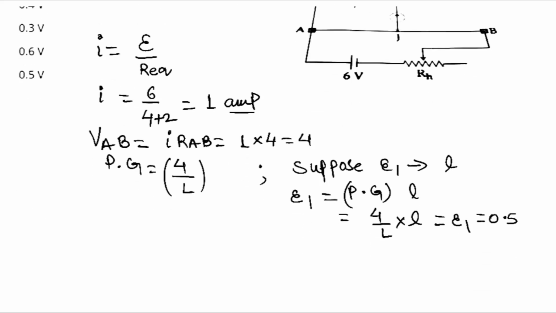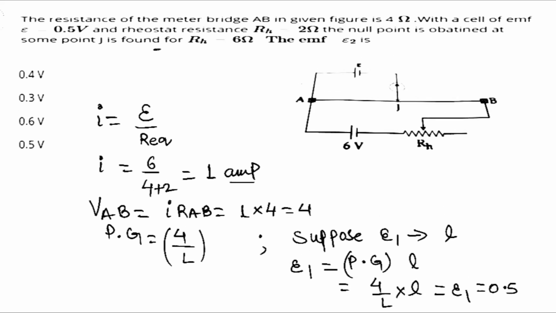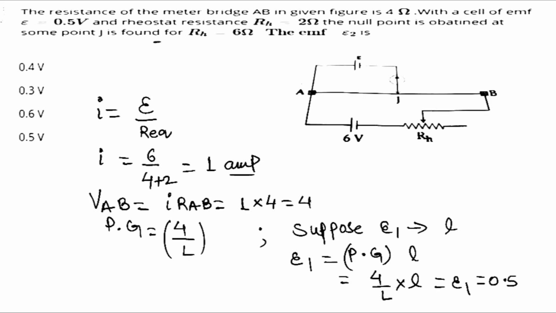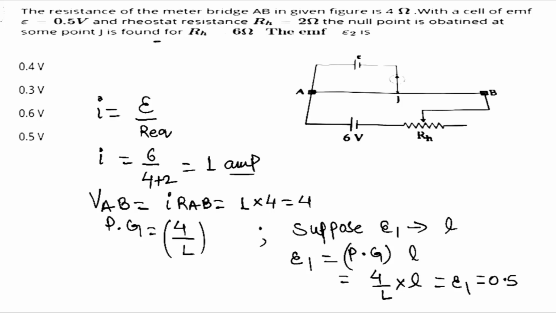Now in the second condition it says that if the rheostat resistance is 6 ohms and the balancing point is the same, then we have to find E2. Fine.